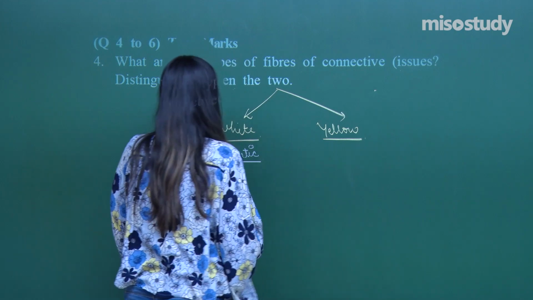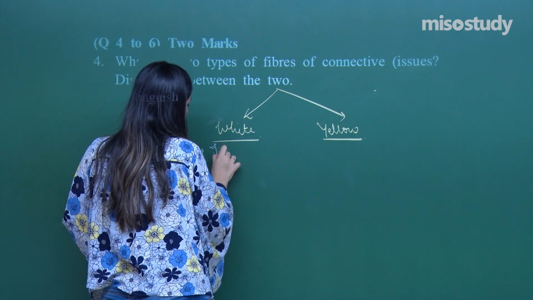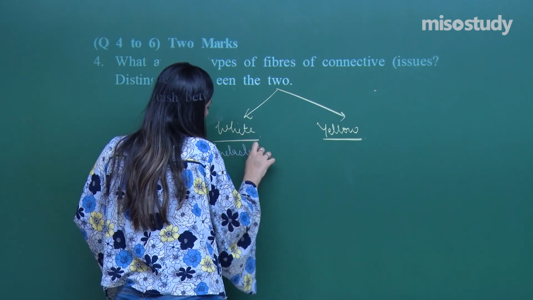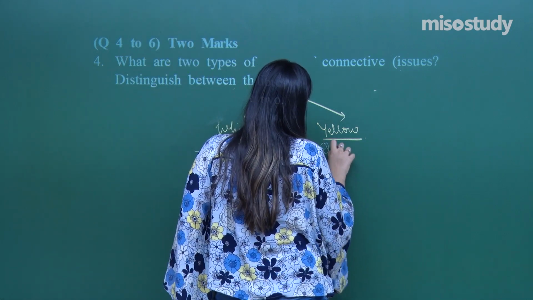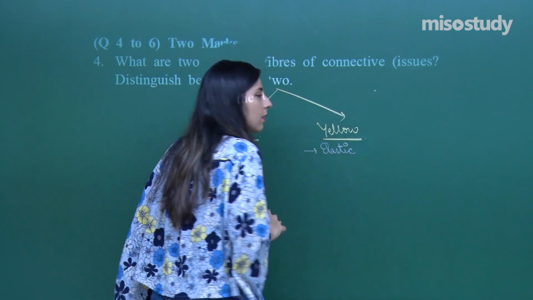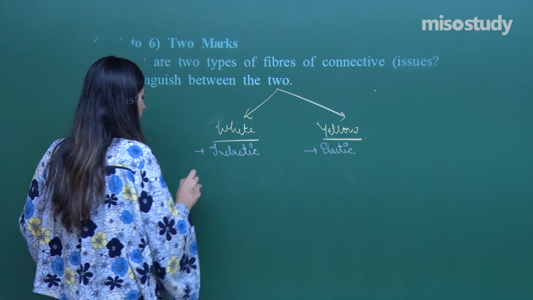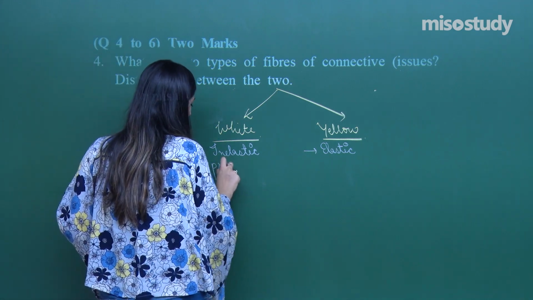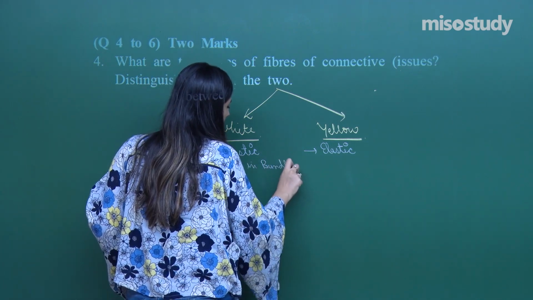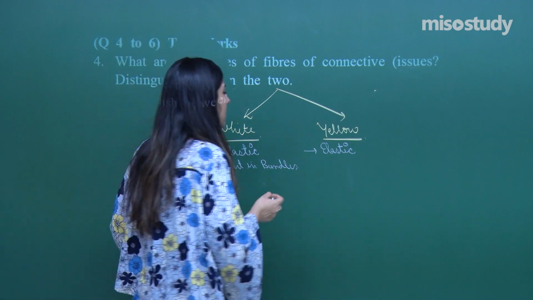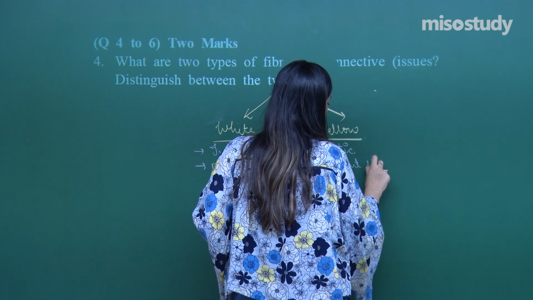First feature is they are inelastic. Right. Whereas the yellow fibers are elastic. Now, the white fibers are present in bundles, whereas the yellow fibers are present singly.